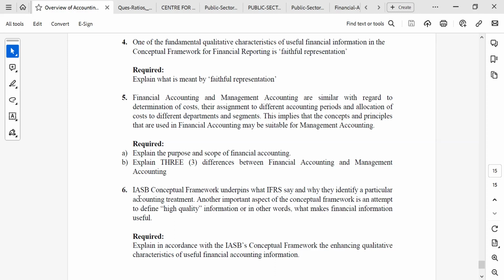With the enhancing, it's emphasizing usefulness: although they are all useful, one is more useful than the other. It's like ranks. But with the fundamental, it's just this is useful and this is not useful. Okay. But the question is only about the enhancing. So don't bring in the fundamental.